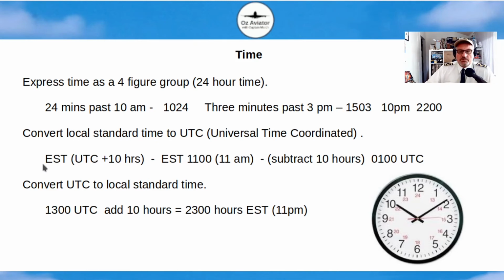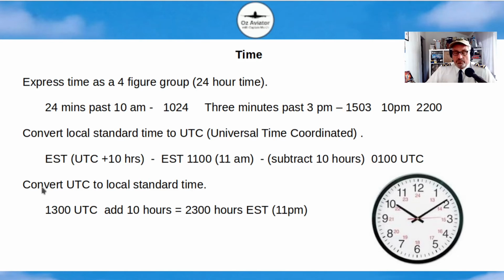So here on the east coast of Australia, we use Eastern Standard Time, and Eastern Standard Time is universal time coordinated plus 10 hours. So Eastern Standard Time, 1100 hours, 11 AM. You subtract 10 hours because we're UTC plus 10, gives us 0100 hours universal time coordinated.